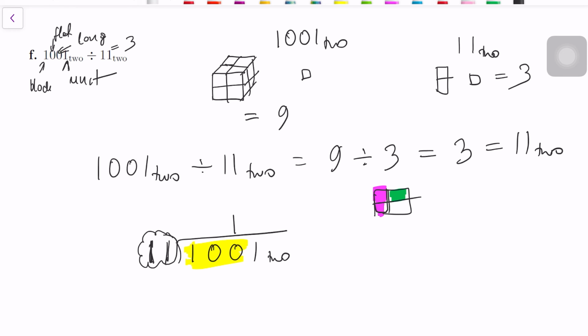Okay, so I put 1. So 1 times 1 1 is 1 1, and then I have to subtract it. But again, that flat will give me two longs, but I only will leave 1 long, and one of the longs I will carry over to give me 2 units, right? Okay, so that's going to be 1, and that's it, right?